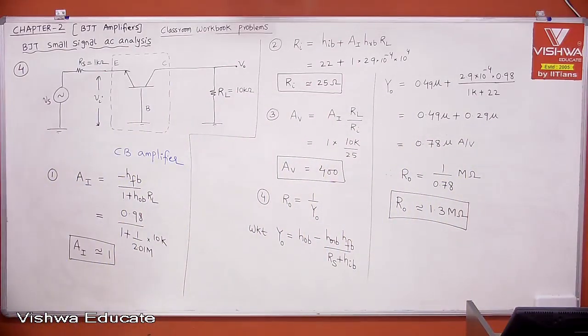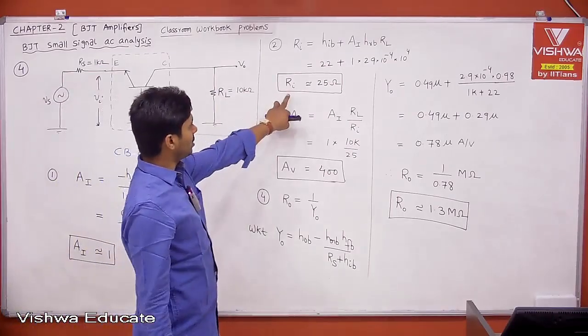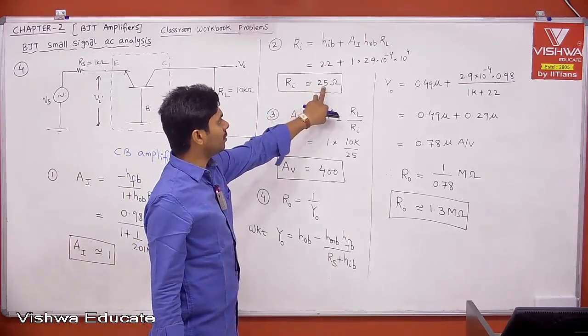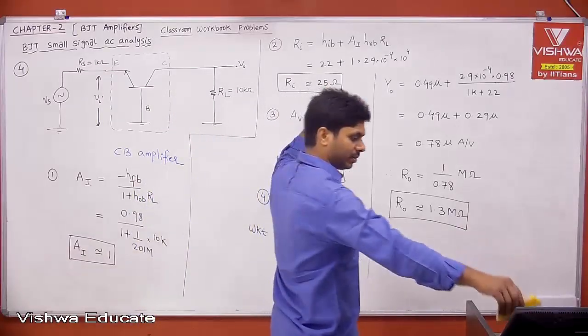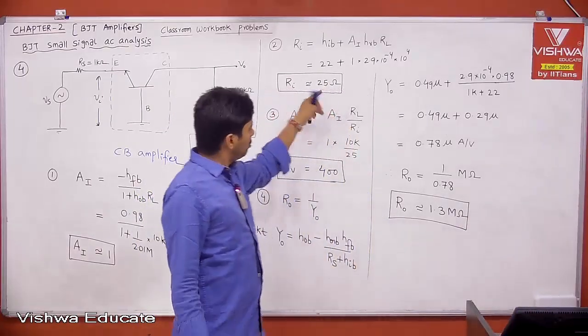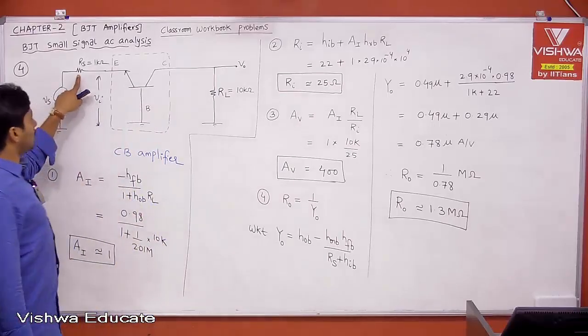Now if you see the observations, don't go for AVI. Let's see RI, R0. What is it suitable for? Tell me what is RI. The input impedance of your common base amplifier is 25 ohm. Is it high or low? With respect to what? We always try to compare with respect to RS.